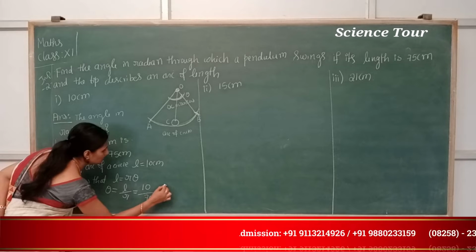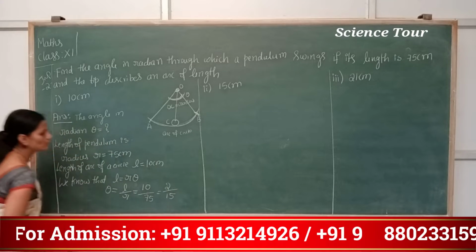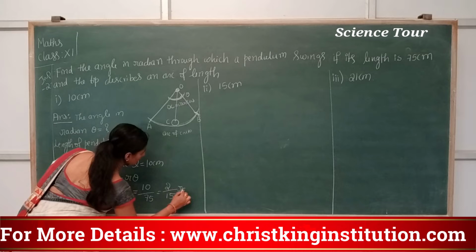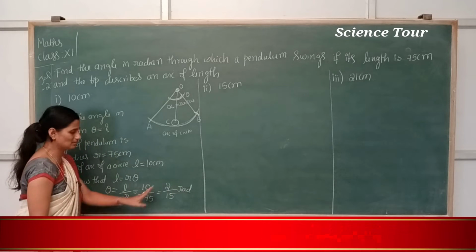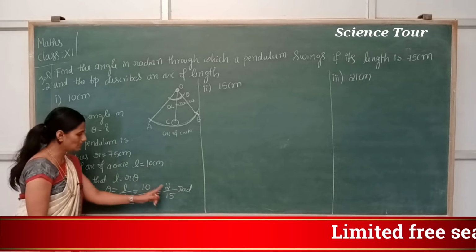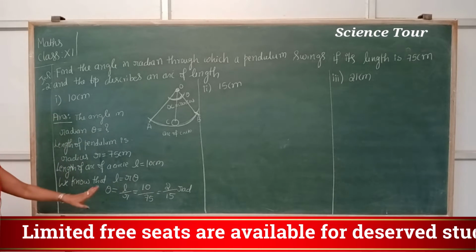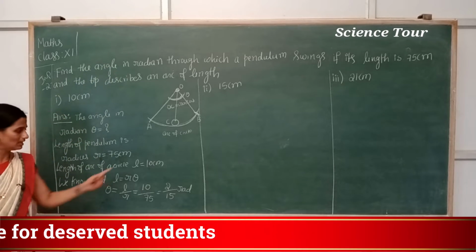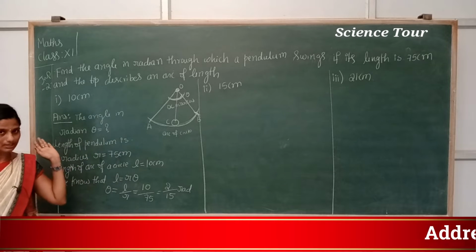So what is your answer? 5 2s are 10, 5 15s are 75, so 2 divided by 15. Keep it in fraction itself, no need of writing in decimal. So 2 divided by 15 radian. The question is find the angle in radian, so your unit is radian. Again, no need of converting to degree.